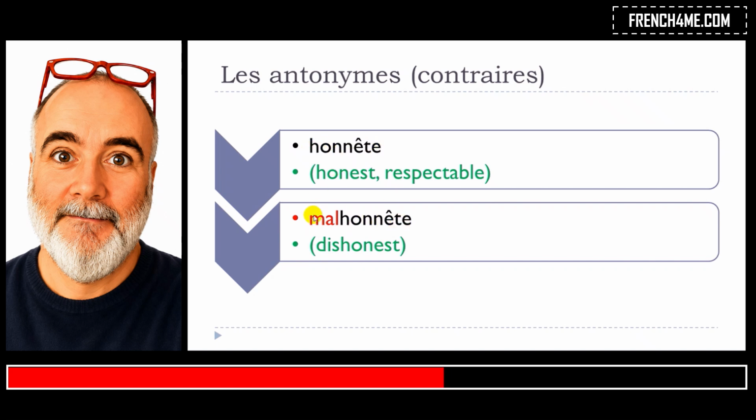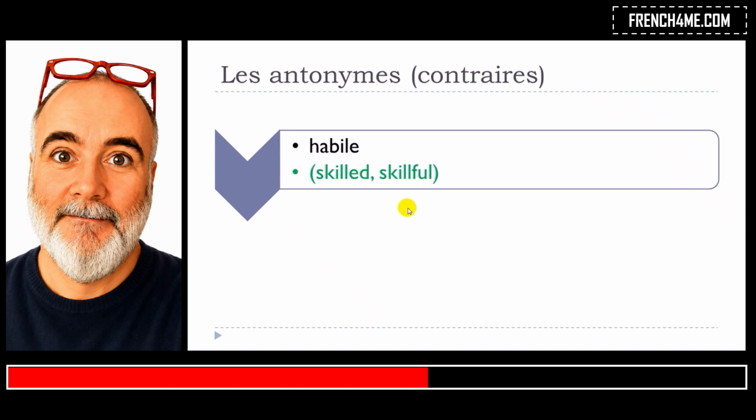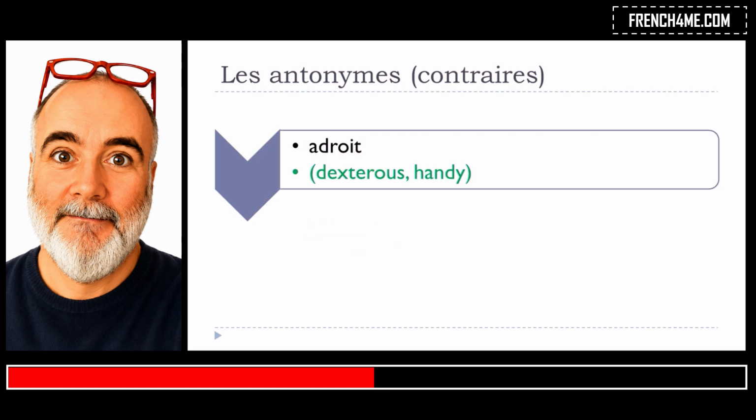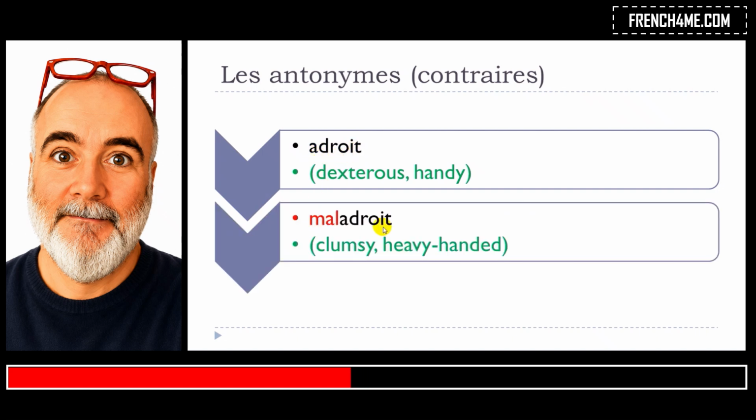So honnête, malhonnête. Habile will give you malhabile. Okay, so habile, and then you just put this mal: malhabile. Adroit will give you maladroit. Okay, quite simple, adroit and then maladroit.